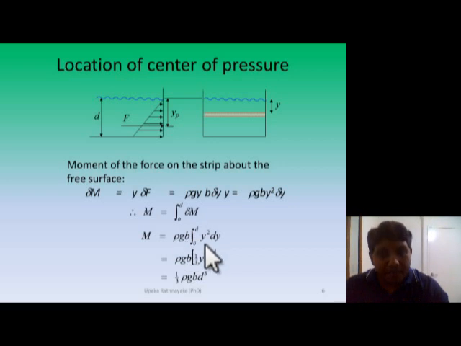Now, if you do this simple integration, we'll find the total moment generated due to these small delta F forces is 1/3 of rho g b d cube.